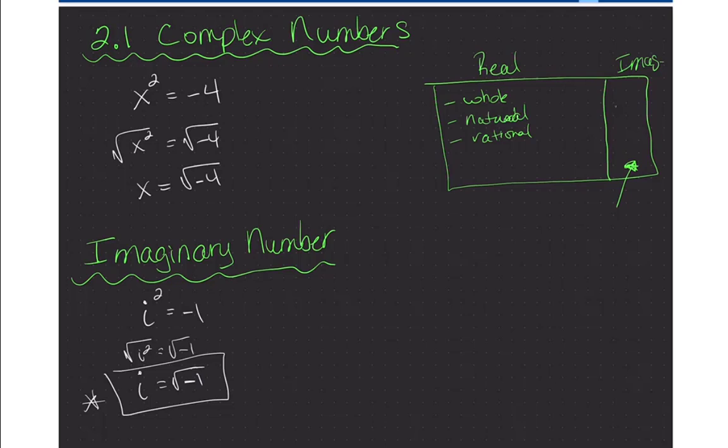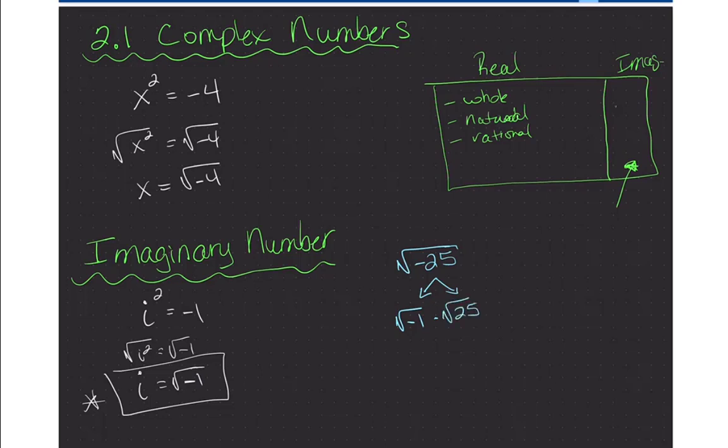So how does that help us when it comes to working on some problems? If we take the square root of -25, that's cute, but there isn't anything I can really do with it right now. I would love to have the square root of 25 all by itself, because I know that's 5. So we can split this into the square root of -1 times the square root of 25.